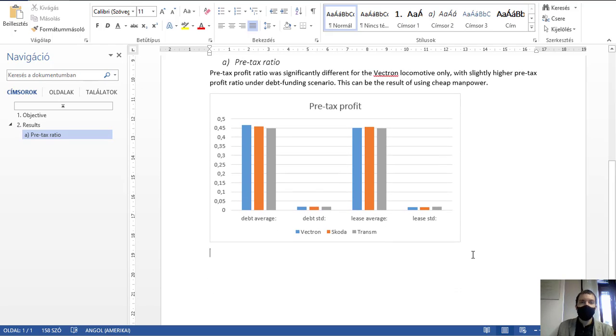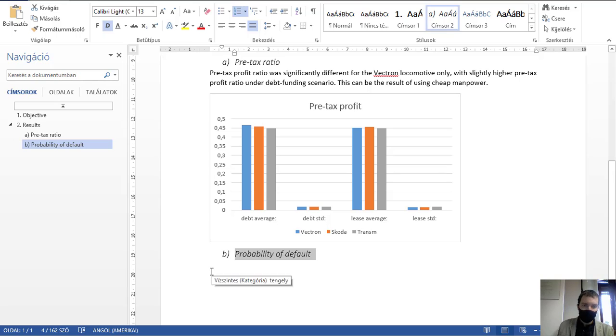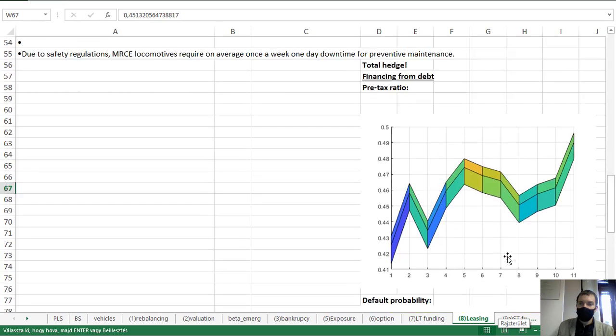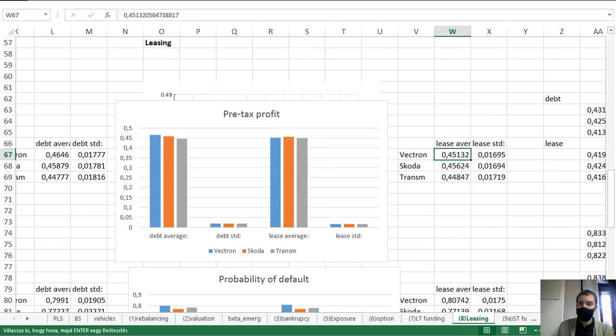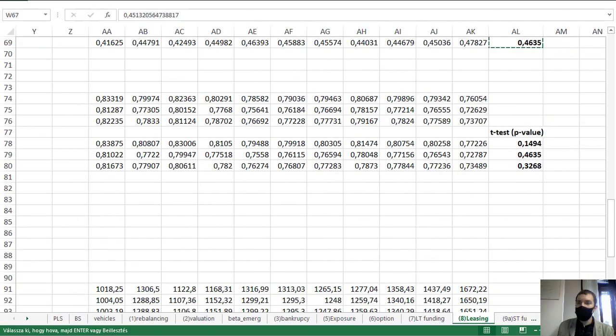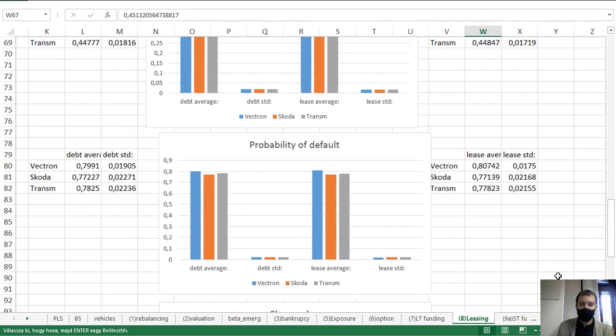Then let's see the second thing, probability of default. Was it significantly different? No, it was not.